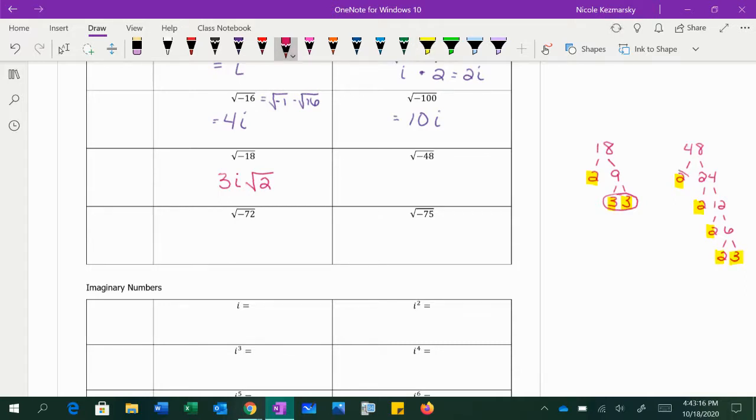I can create 2 pairs of 2's. So that means for my answer, I'm going to have 2 times 2. I'm going to have square root of 3 because of the extra 3 that didn't have a pair. And then because of the negative, I'm going to have an I. So that's going to give me 4I root 3.